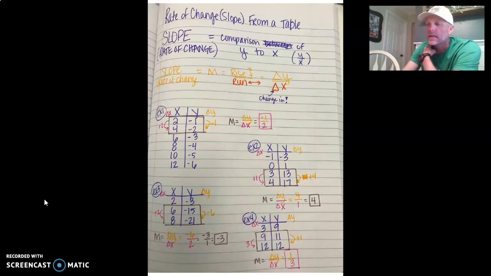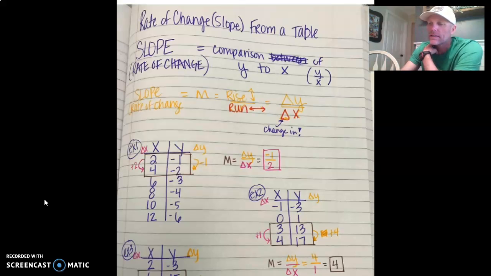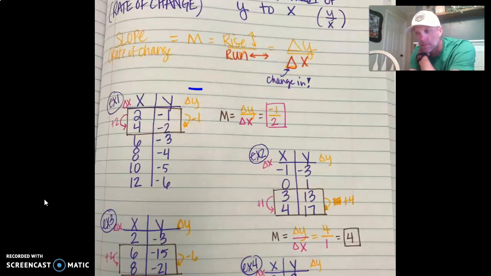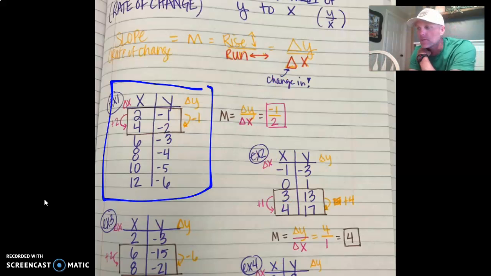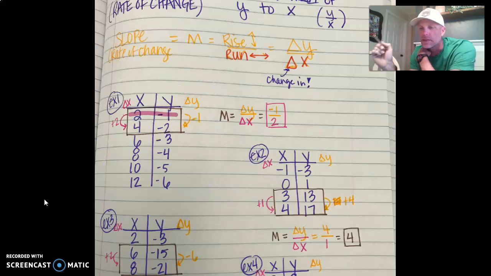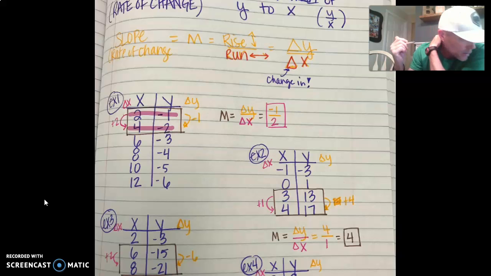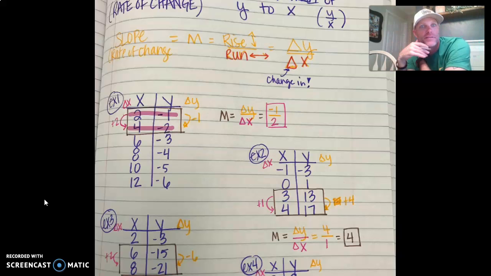Okay, so we could take, let me see what the next page is, we could take this table here and graph it, right? We could graph x of 2, y of negative 1, x of 4, y of negative 2. You only need 2 points for a line, so we could connect the two dots, draw the line, and then in my class we turn it into a triangle, and then we see how tall that triangle is and how long that triangle is.